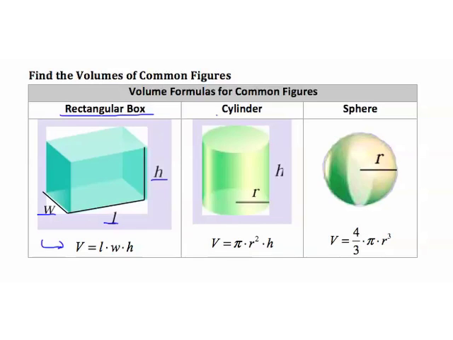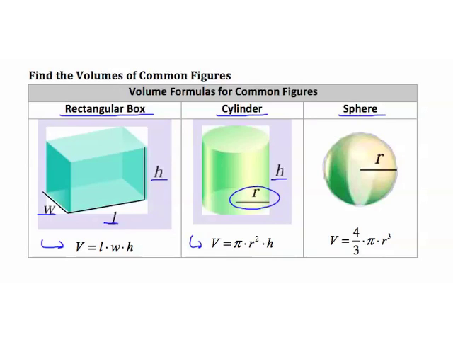The next figure is a cylinder, and we have a cylinder pictured here. To find the volume of a cylinder, we take pi, which we're going to use 3.14, times the radius squared, and the radius is the radius of the circle at the base of the cylinder, and then times the height of the cylinder.